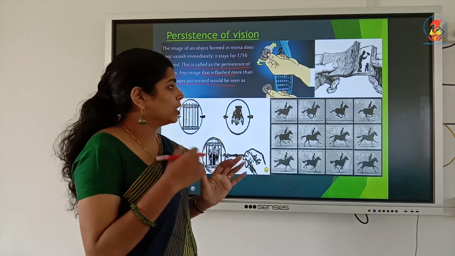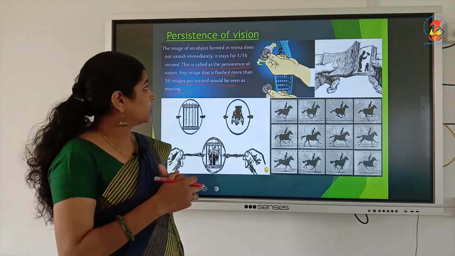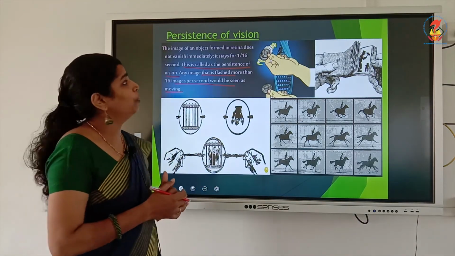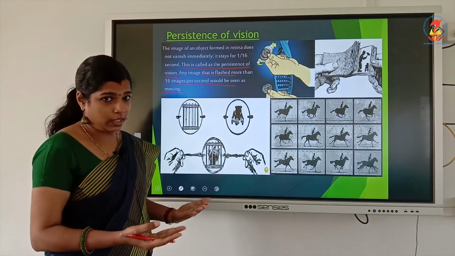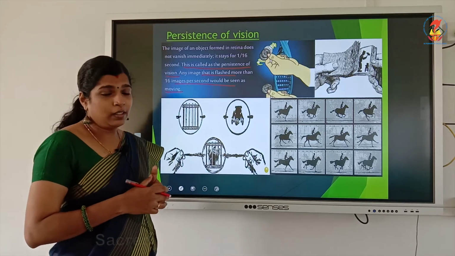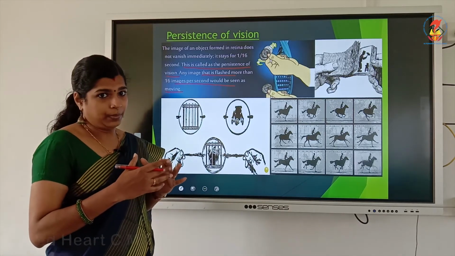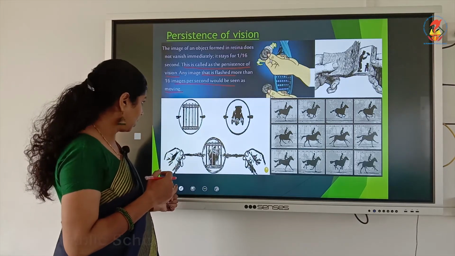So, that is about persistence of vision. Persistence of vision means the image of an object formed in front of the eye, or the image formed on a retina, will be there for 1/16th of a second. That is known as persistence of vision.